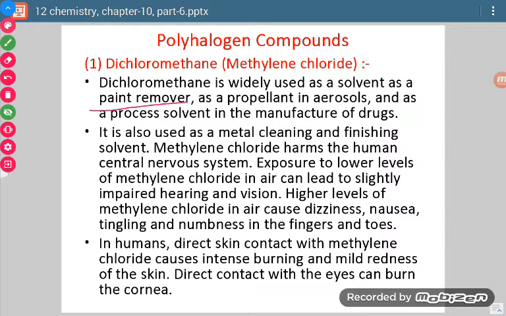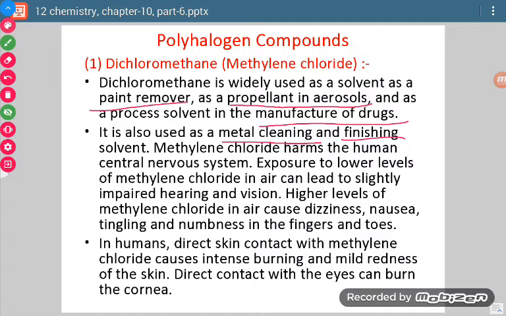It is used as a propellant in aerosols, and it is also used in the manufacture of a few drugs. It is a very good solvent for metal cleaning and finishing, where some metal work is there and we have to give it a proper finish.